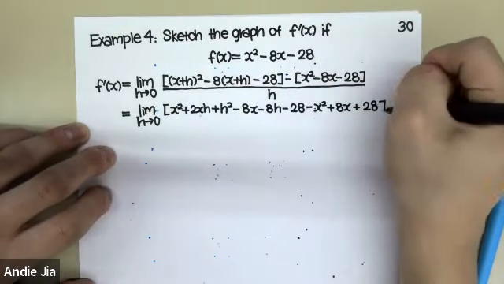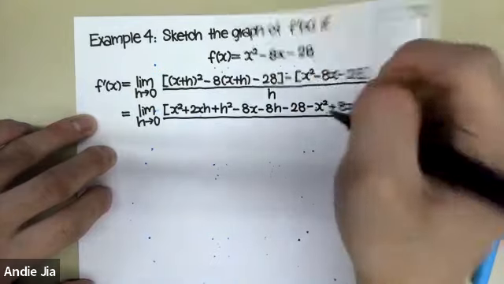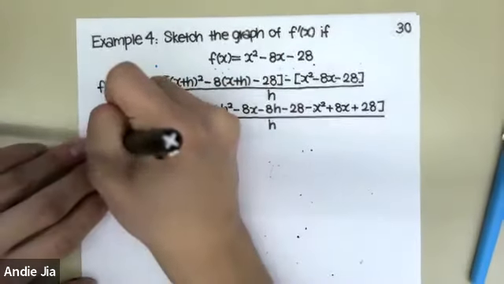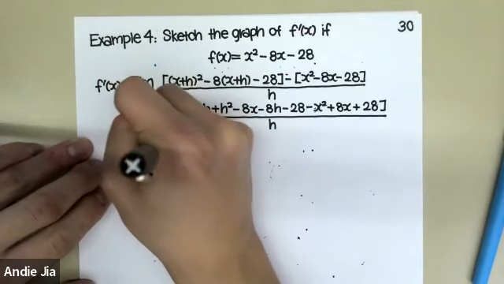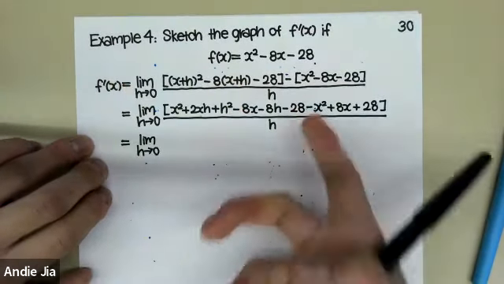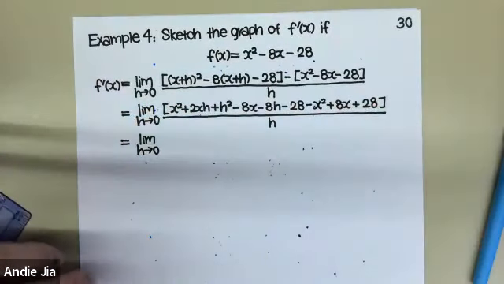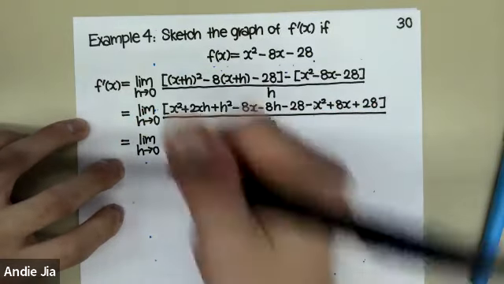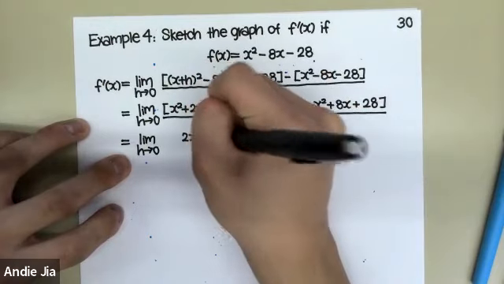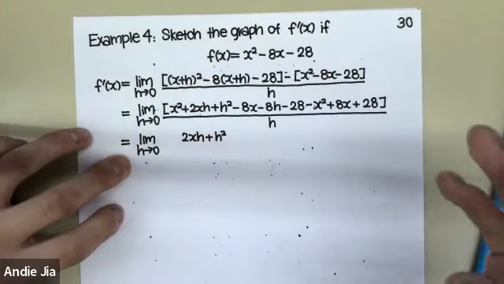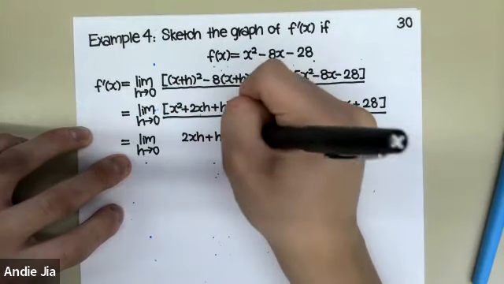Make sure you don't mess up the signs. Over h, take the limit. x squared canceled, 8x canceled, 28 canceled. We have 2xh plus h squared minus 8h.